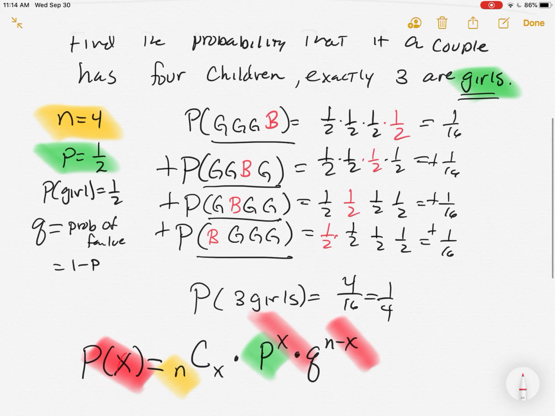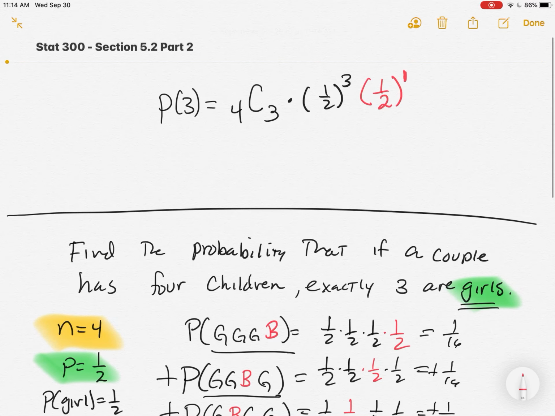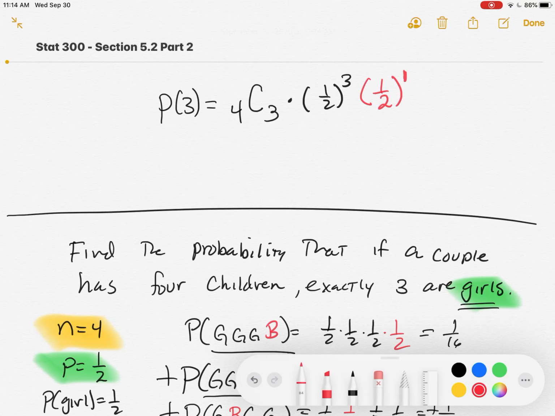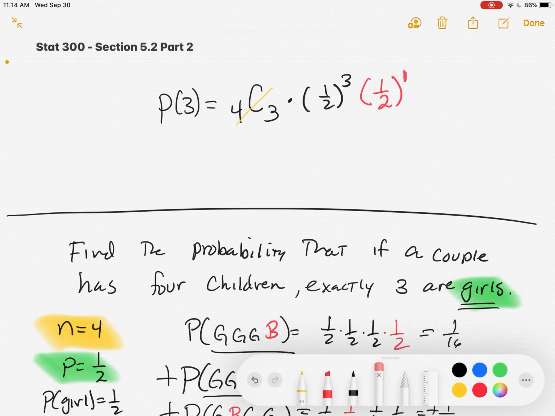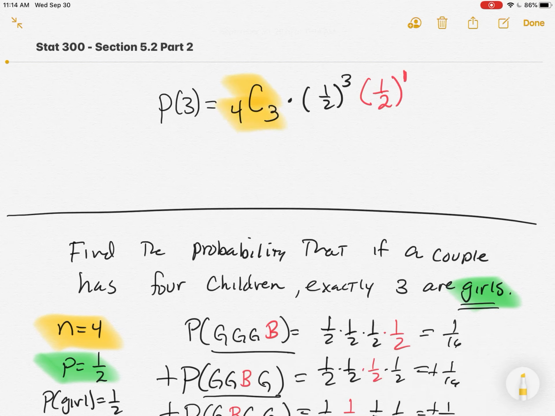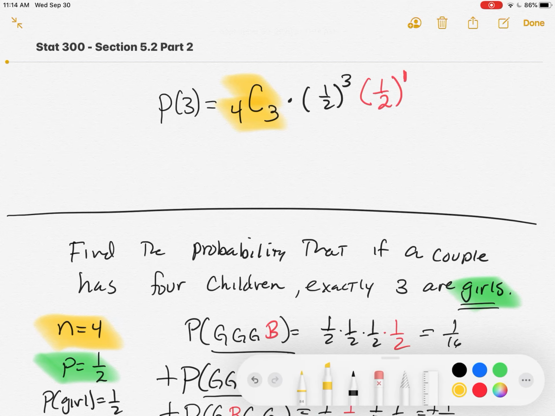That's exactly this formula. So somebody might be asking, Jensen, why this C of 4, 3? Calculate for a minute C of 4, 3. Pick up a calculator and type in C of 4, 3 like you were doing in section 4.4.